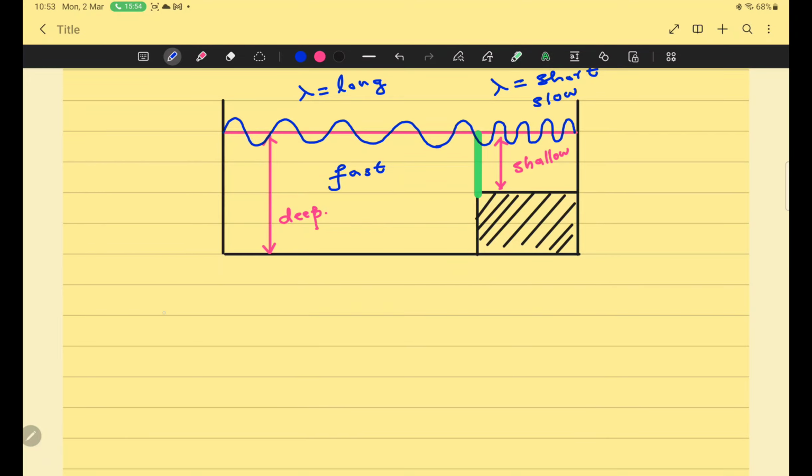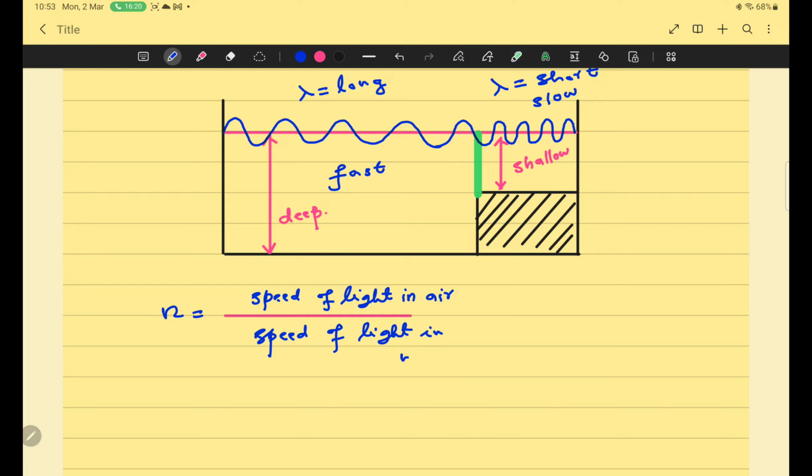The formula is, the refractive index is equal to speed of light in air, air means fast medium, divided by speed of light in other medium.